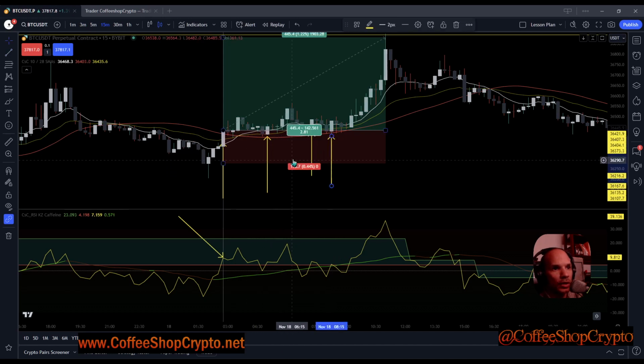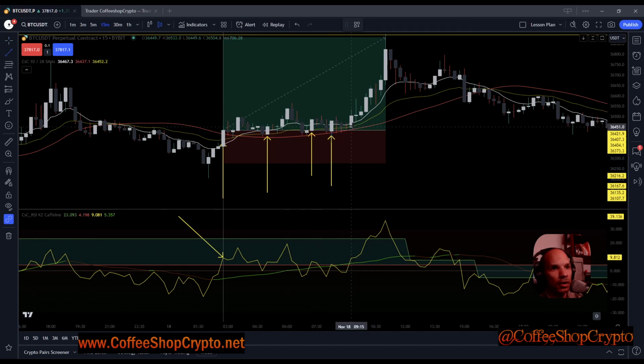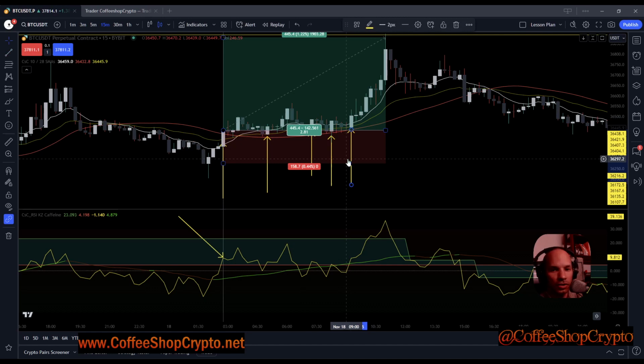Enter once, twice, 3 times, 4 times. After this, the RSI dips in below and it breaks above again. Once again, breaking above that white line. You just entered 5 times into long positions because your overall trend was long.